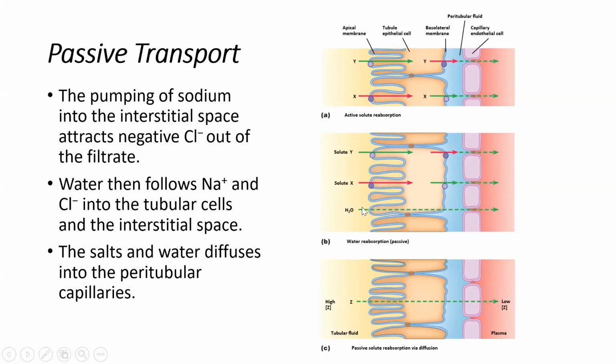And then the third part of this is that water simply freely flows according to its gradient. So now we have more solutes here, less solutes here, and then water is higher concentration here, a lower concentration here, and so it freely flows according to its passive gradient. Alrighty, I hope that makes sense. Let's see if there are any questions.